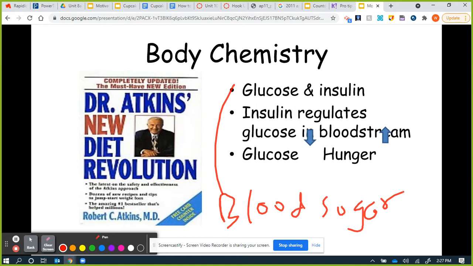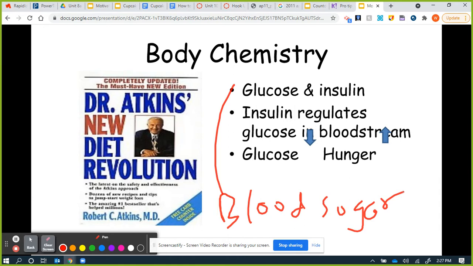The pancreas, right? Yeah, I think it's the pancreas. All right, once our blood glucose gets to a certain level, the pancreas releases a hormone called insulin, which regulates blood glucose, and actually, insulin helps convert blood glucose into fat.